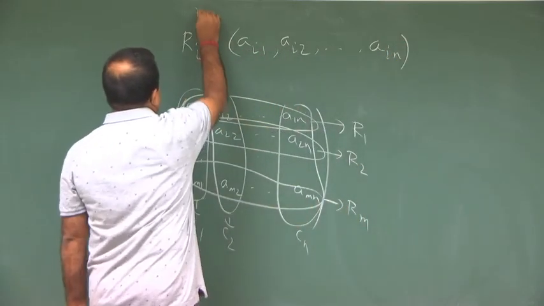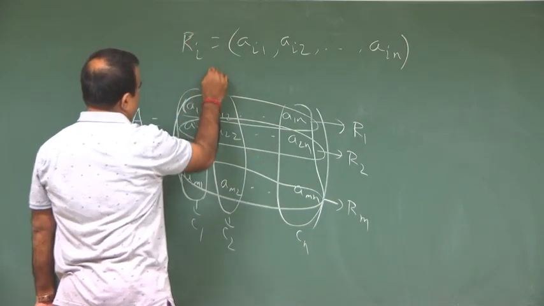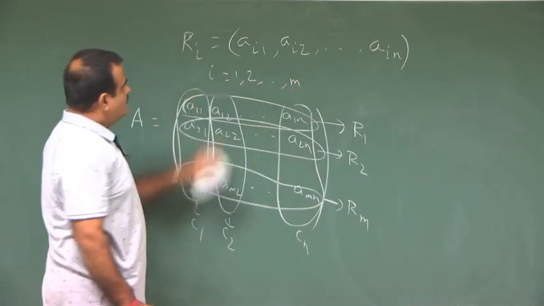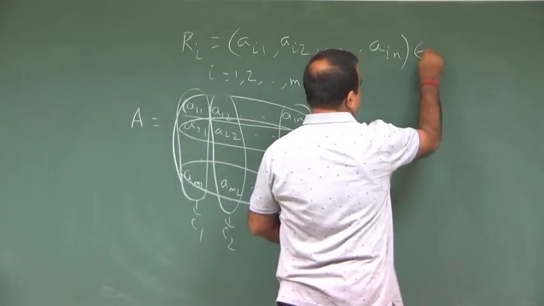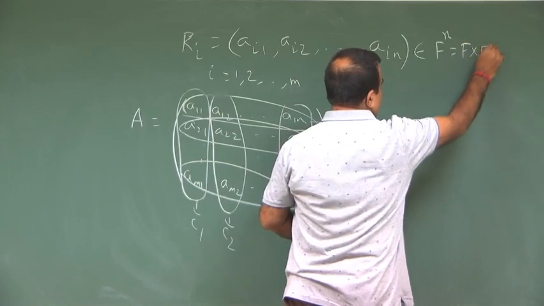This is the ith row, where i is varying from 1 to m, and this is an n tuple. So this is an element from F to the power n, which is nothing but the Cartesian product n times.